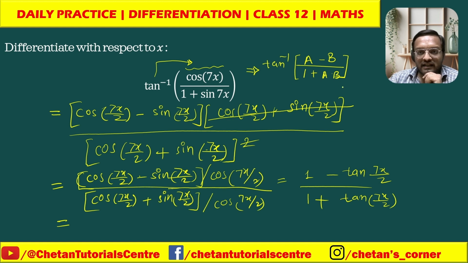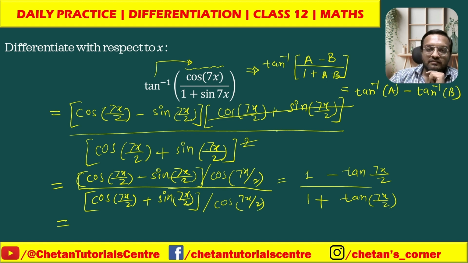Then its expansion will be tan inverse of a minus tan inverse of b. In order to convert the term inside the bracket in this form, I have to make some adjustment.